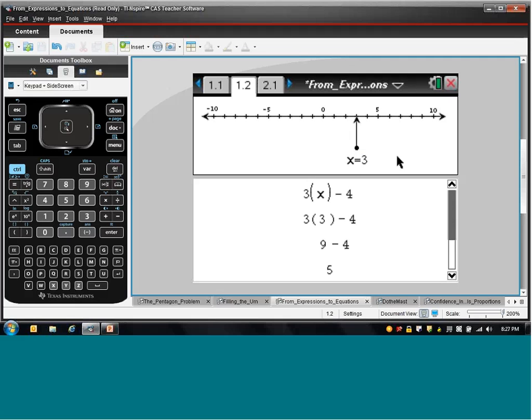We can look at that and say, what do I think is going to happen for every 1 unit change in X? What's going to happen to my output? So if I change X by 1, it seems to have gone from 5 to 8. If I go 1 up, I'm beginning to make a conjecture that maybe the output increases by 3. And so my question then is, is that an accident?